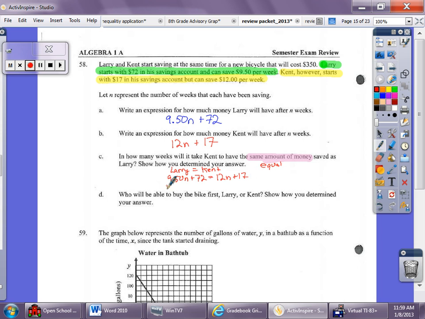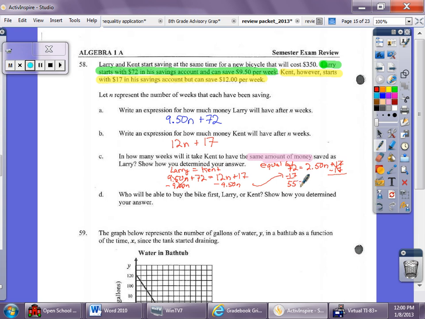Now we can solve this. We have n's on both sides, so we subtract the 9.50n. I'm going to write this over here. So I have 72 equals 12n minus 9.50n, which is 2.50n, plus 17. Subtract 17 from both sides.